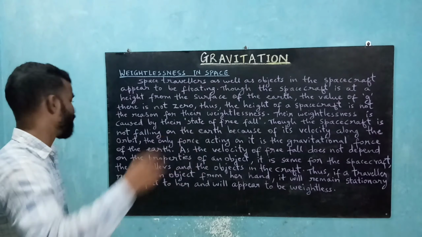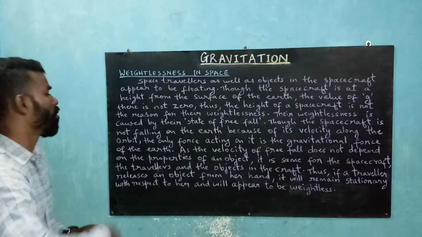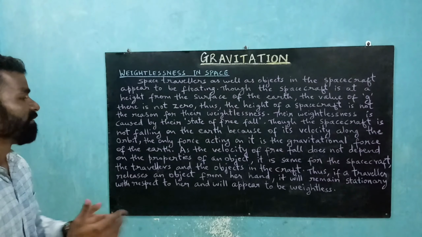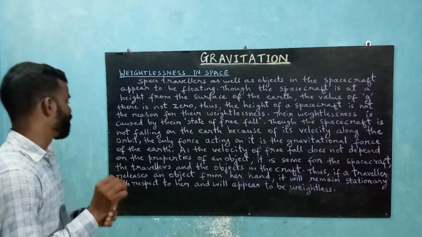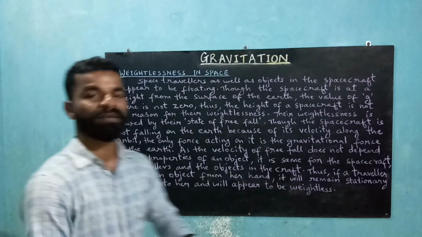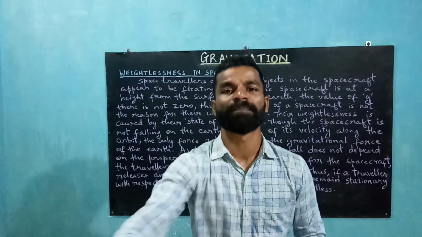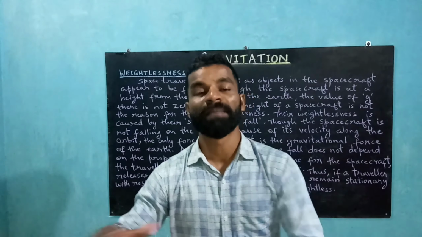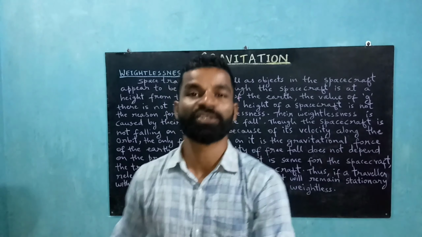Thus, even if a traveler releases an object from the hand, it will remain stationary with respect to her and will appear to be weightless. So even if the astronaut releases something from the hand, it will remain stationary along with the astronaut.